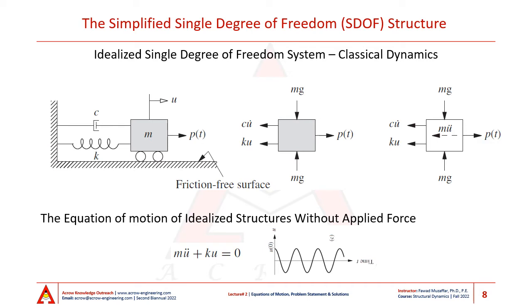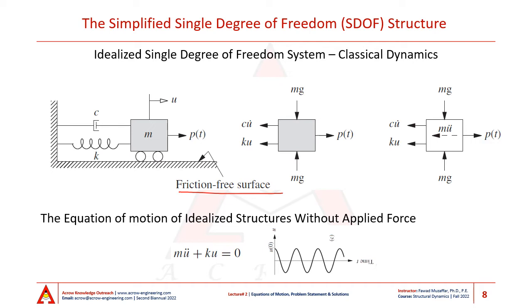Now, in classical dynamics, the single degree of freedom system is idealized by the mass trolley system that is shown on this slide. The mass is supported on wheels which are moving back and forth on a frictionless free surface.